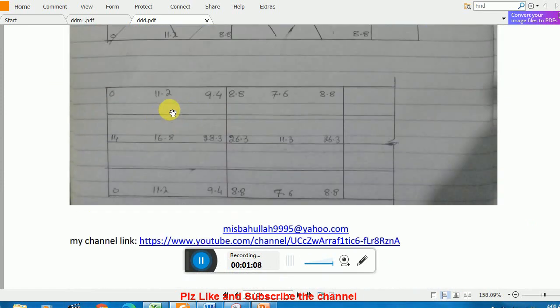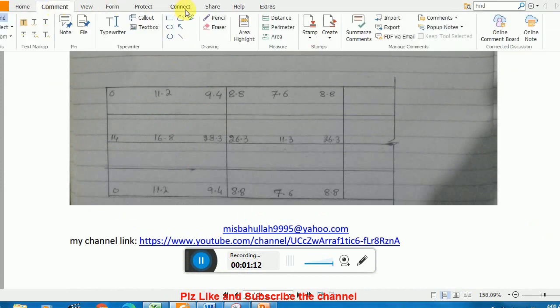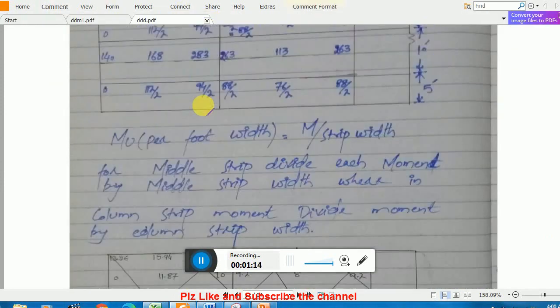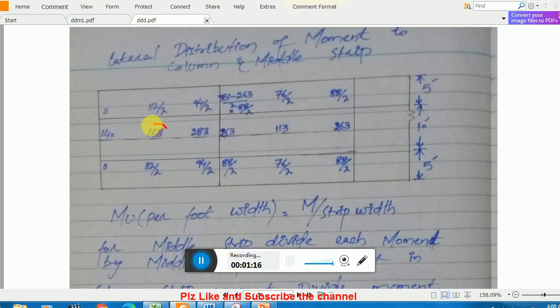And then remember, this point is very important, and I will explain it again here. Once you get your moments, like 168, 283, this moment is represented as kip-feet per strip. For C, it is this strip. Now this is the total moment over this strip.